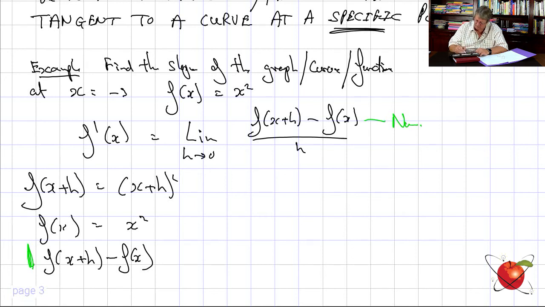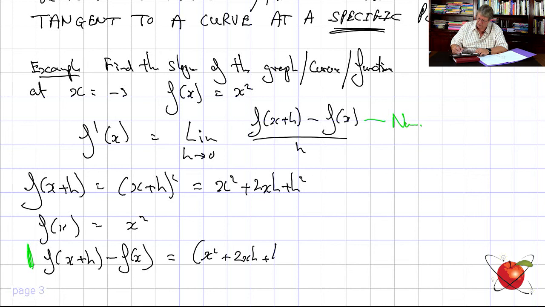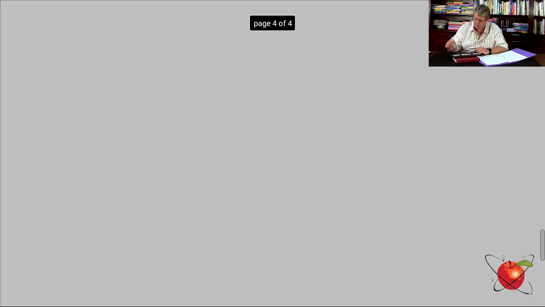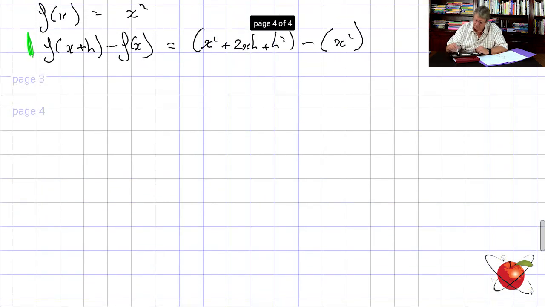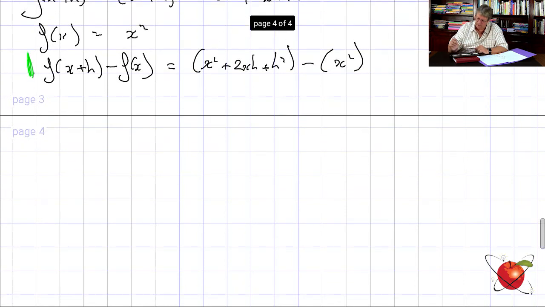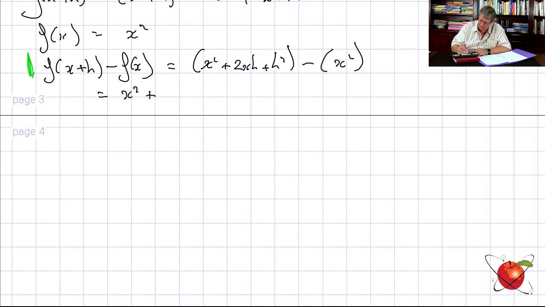That then is going to be f of x plus h, which is x plus h. Now I haven't simplified. This is why I like this. This is thus going to be x squared plus 2xh plus h squared minus x squared. Now we remove the brackets. So I now remove the brackets and I say that is then equal to x squared plus 2xh plus h squared minus x squared, which becomes 2xh plus h squared.